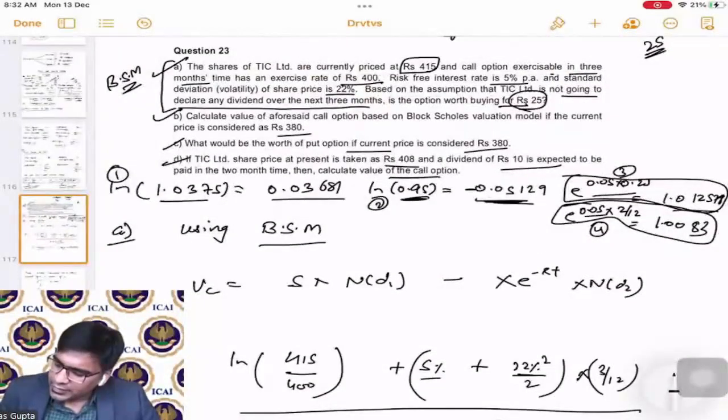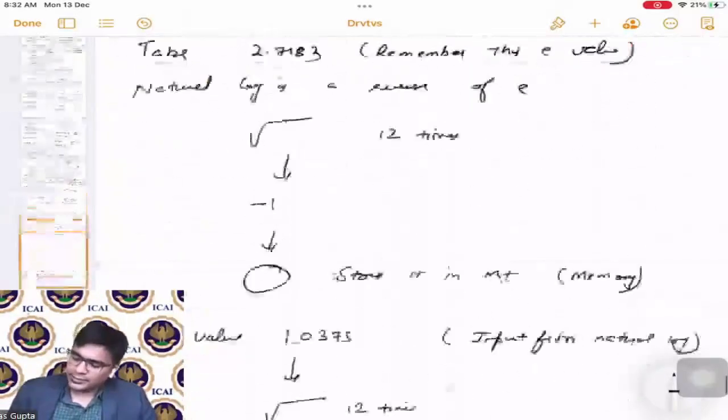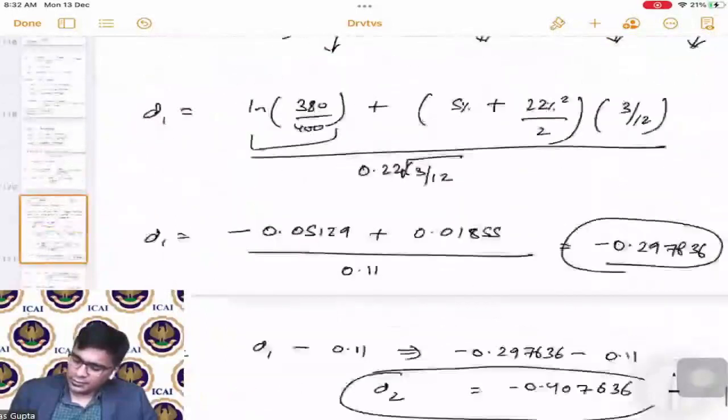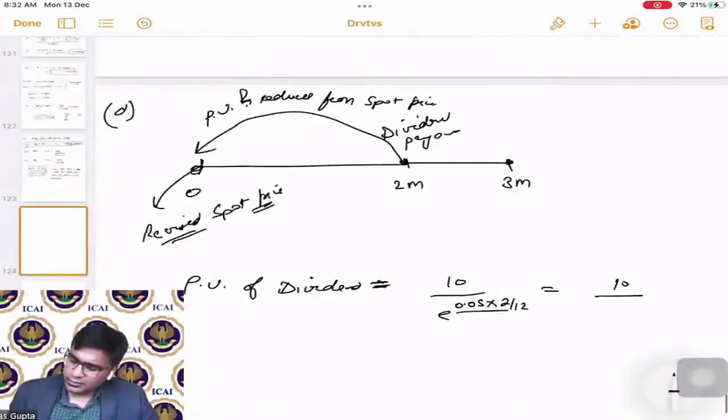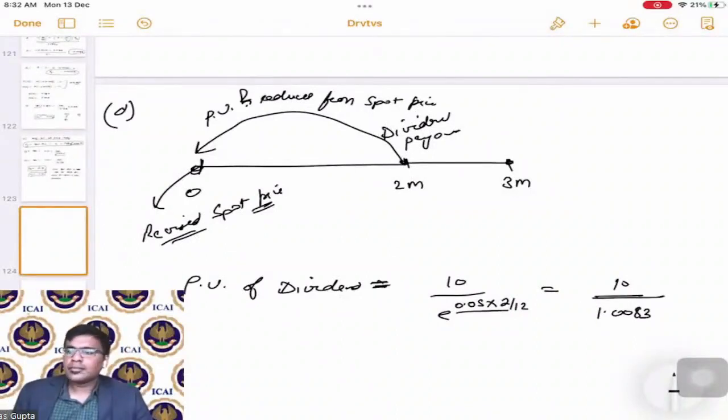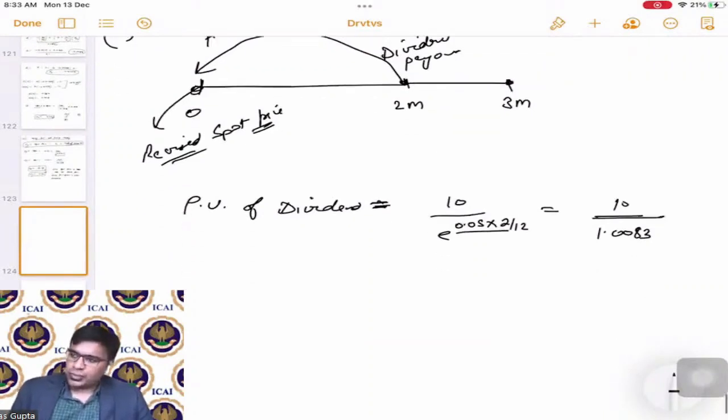So this is equal to 1.0083. This should be given in the question. Hence, I have asked you to note these points.